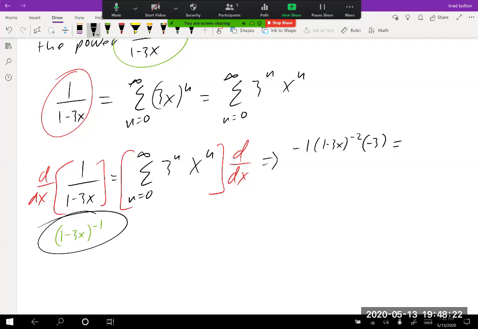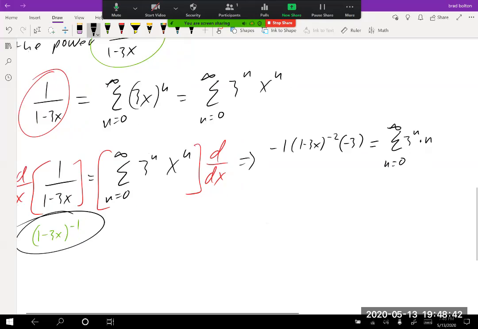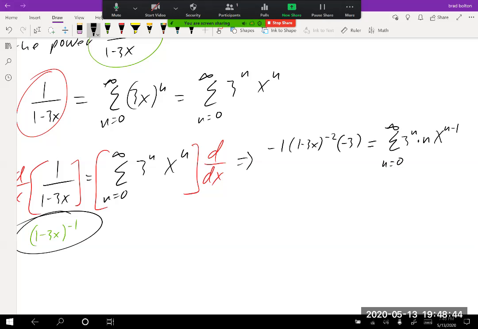As far as d/dx is concerned, this 3 to the n right here is just a constant, okay? So we're going to go straight past that and focus on the sum from n equals 0 to infinity of 3 to the n. Now, what's the derivative of x to the n? Wouldn't it be n x to the n minus 1? Isn't that how we do our derivatives, right? So we would get 3 to the n times n, x to the n minus 1, right?